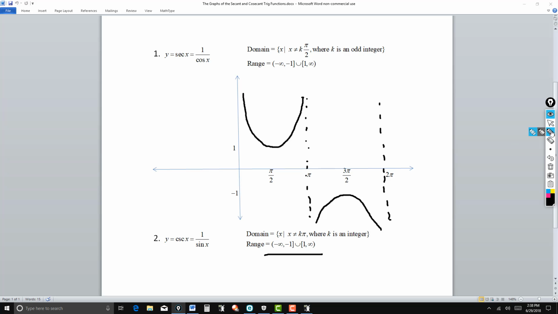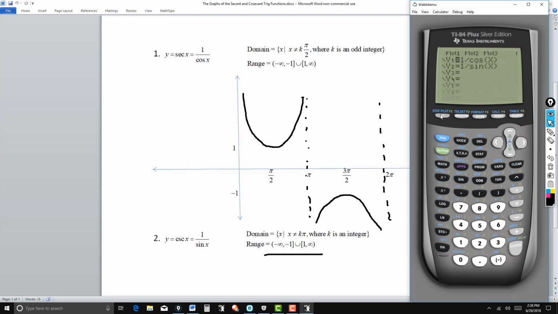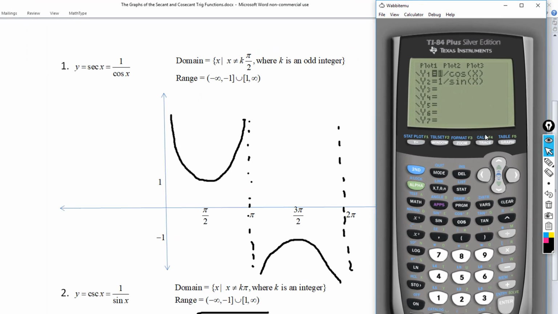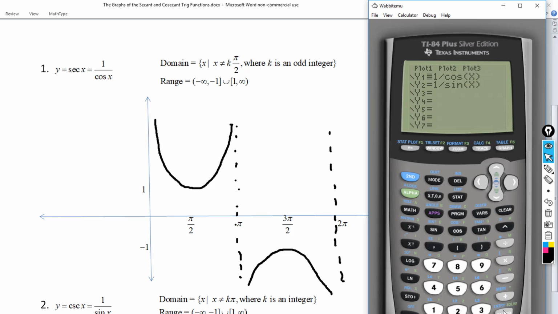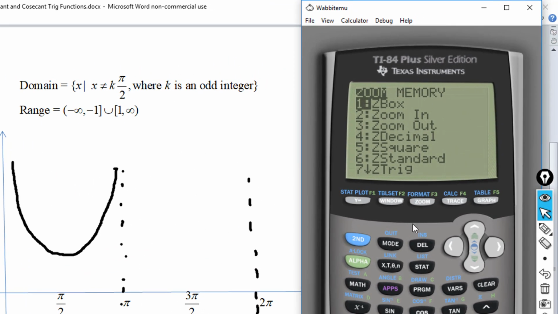Now if you want to look at the graph on the calculator, we want to graph this one, so let's select that one and select this one, 1 over sine of x, which is the cosecant of x. Hit enter, and then again we'll do a zoom 7.